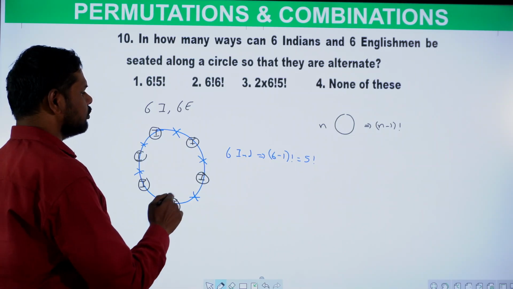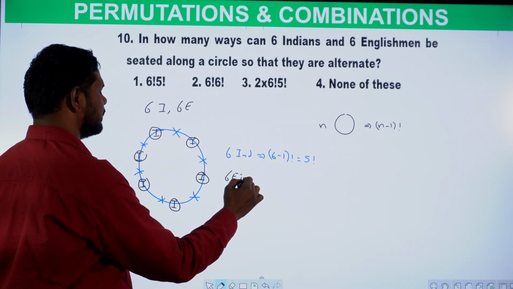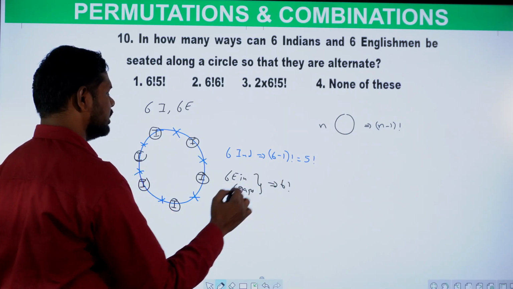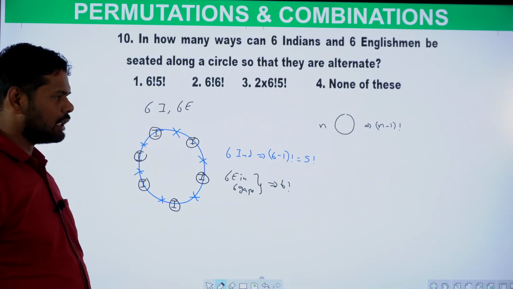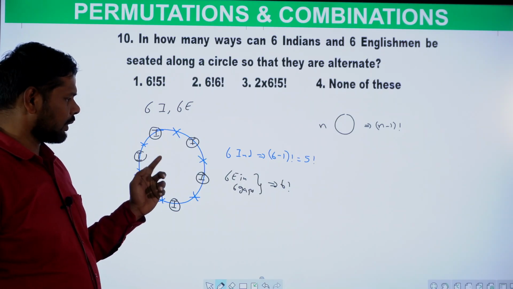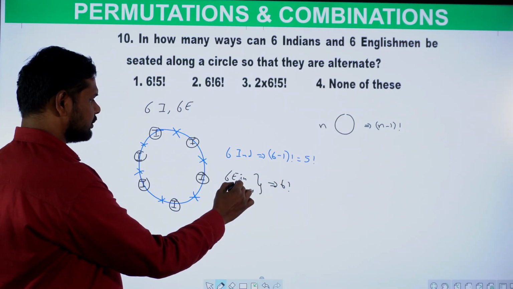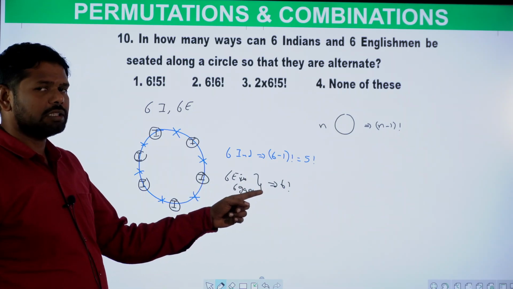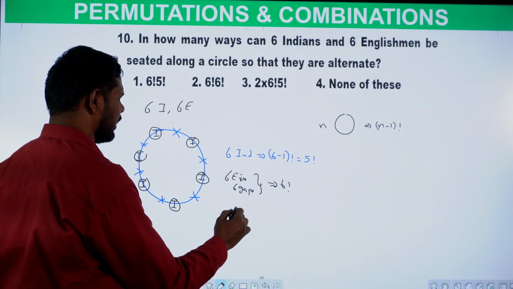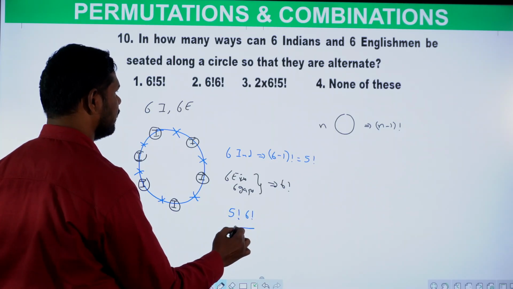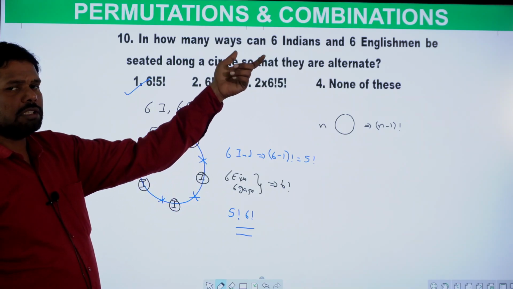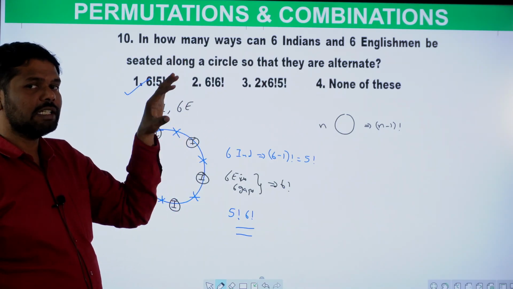In those 6 gaps, we need to arrange 6 Englishmen. In how many ways? It is not a circular arrangement. Those are 6 blanks, and in those 6 blanks we need to arrange the 6 Englishmen, in 6 factorial ways. So total, 5 factorial into 6 factorial ways we can arrange the 6 Indians and 6 Englishmen alternately in a circle.